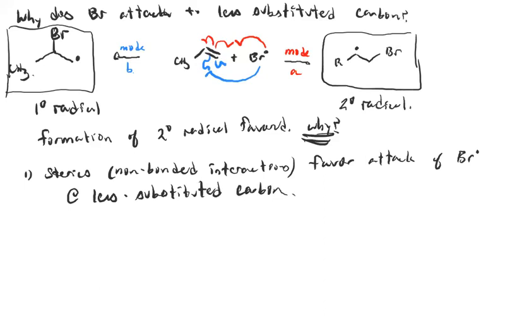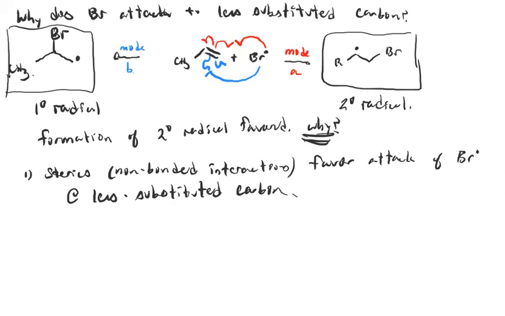All right. So one of the reasons we form the secondary radical is that in that first step, it's just easier for bromide to attack the more accessible terminal carbon. Okay, is everyone with me on that?